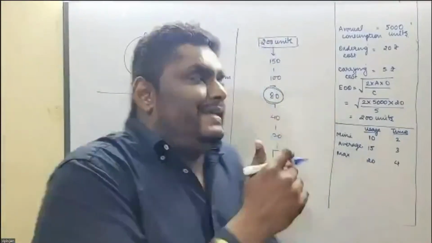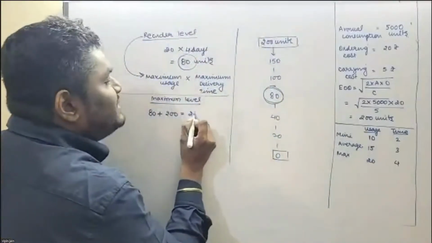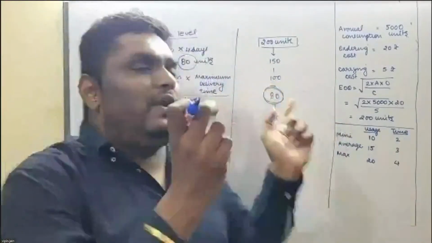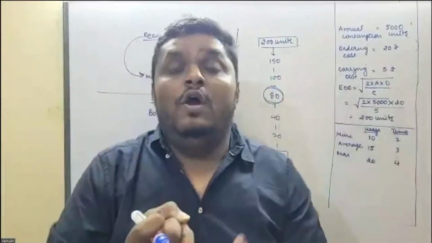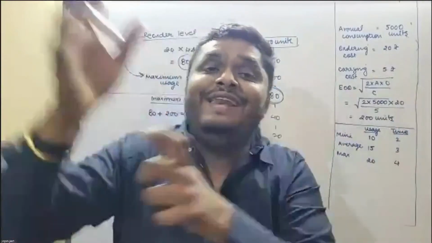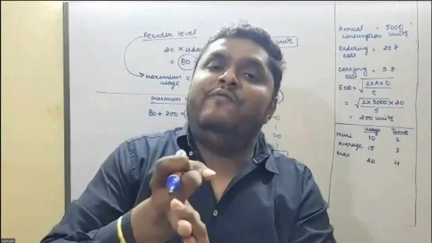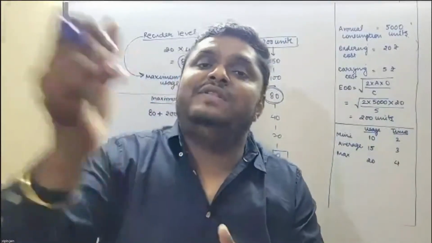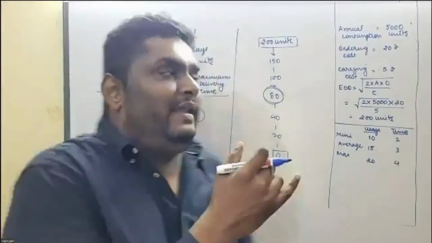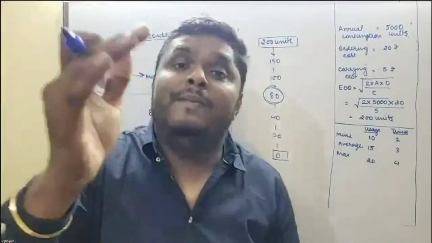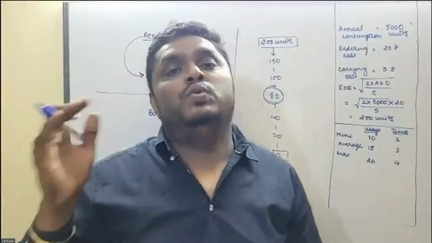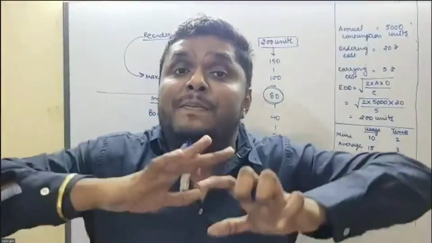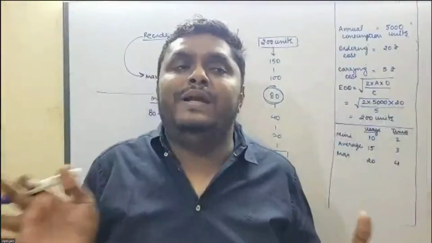In that case, how much will be my maximum level? 280. I repeat again, once I reach the level of 80, I will place an order of 200 units. Let's say I phoned the supplier to please provide the material, and after 3 hours I received the material at my factory gate. Then my maximum level will be 280. But this situation doesn't apply to this question because the supplier can't provide me the raw material immediately.